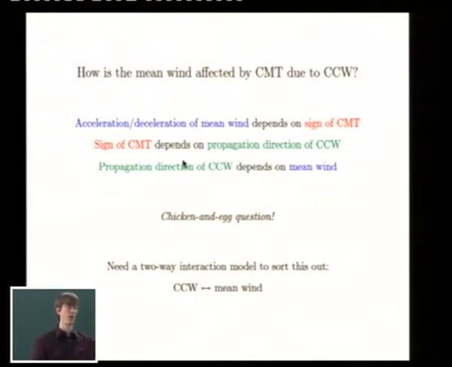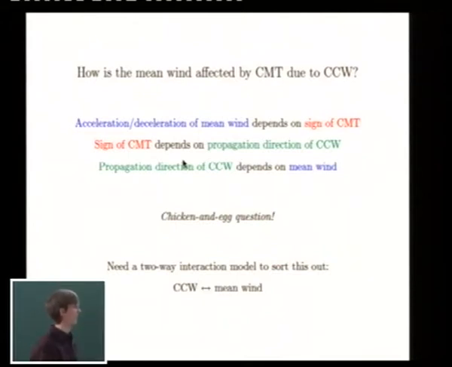Is it an eastward propagating Kelvin wave tilted one way, or is it a two-day wave that's tilted the other way? But as we'll see in a minute, the propagation direction of the convectively coupled wave actually depends on the mean wind, the shear. The shear, as we'll see in a little bit, can actually favor a Kelvin wave over a two-day wave. So this is a bit of a chicken-egg question, because now we're right back to where we started.